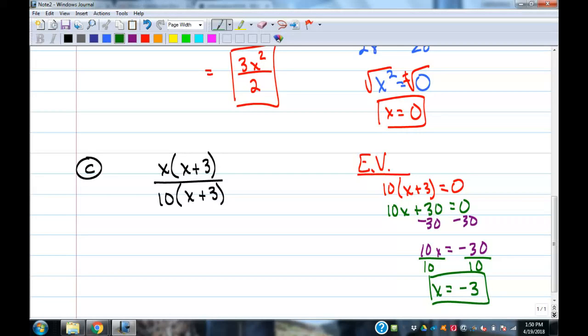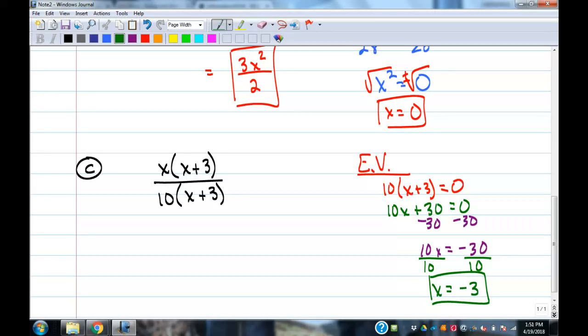Then when you solve it, it doesn't have to end up being 0. Here's the reason negative 3 is the excluded value. If I put a negative 3 in right here, what's negative 3 plus 3? What's 10 times 0? What's the only number we can never divide by? Negative 3 puts a 0 down here. We can't do that. Ever. That's what the excluded value tells us.